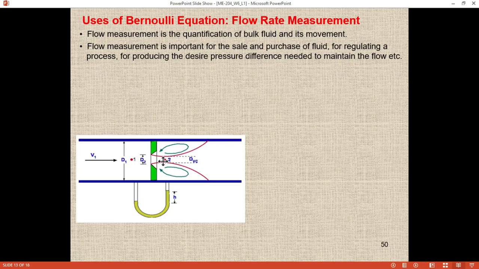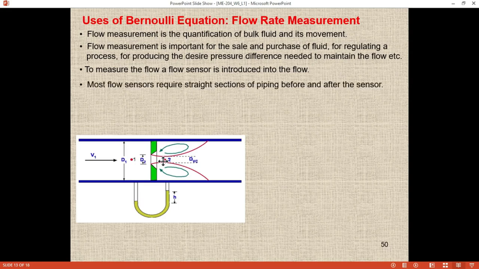So for all these, it is very important to know the flow rate of the fluid. To measure the flow, a flow sensor is introduced into the flow. The flow sensor basically determines the pressure difference across the flow measuring device. So here you can see this is the flow measuring device.